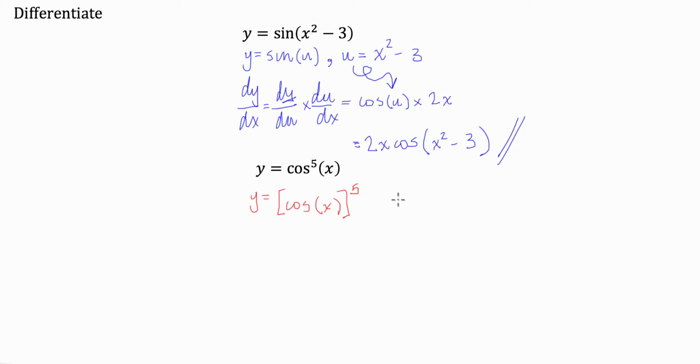So if I write my y in terms of u, y is equal to u to the power of 5, and my u is equal to cosine of x.